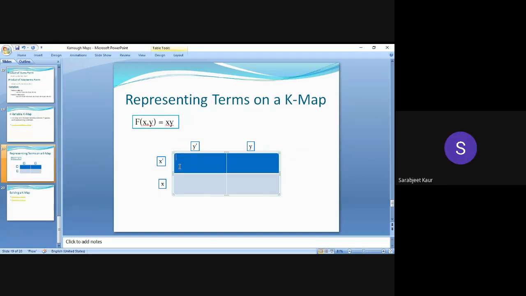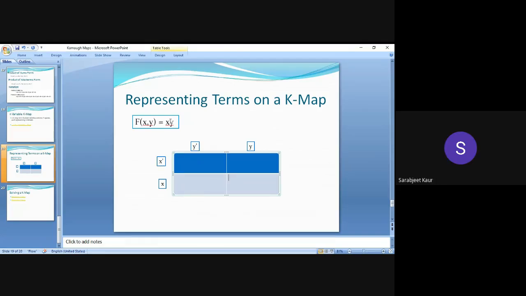Yes, and this is x dash y, which means 0, 1, which means 1. Then x y dash, which is 1, 0, which means 2. And then finally 1, 1, x y, which means 3.